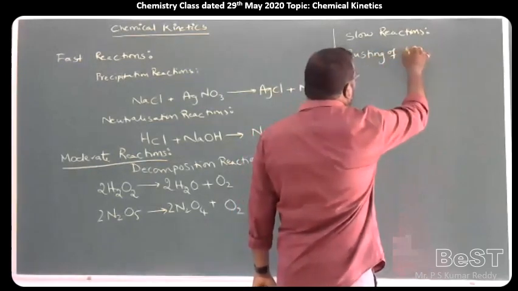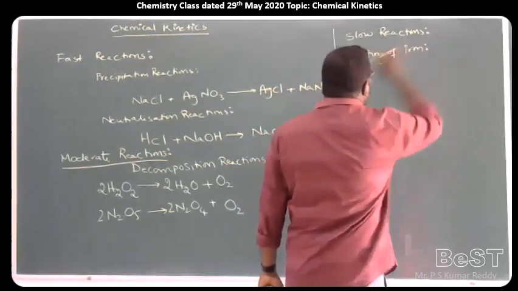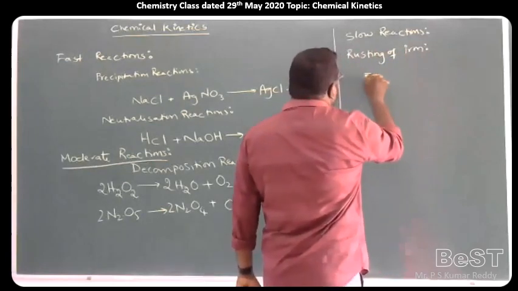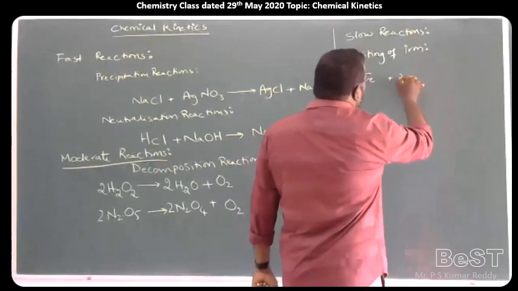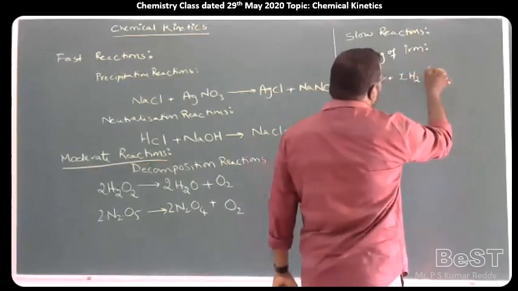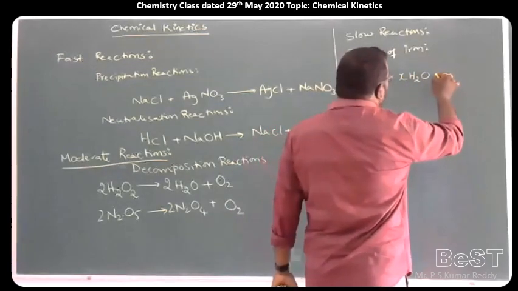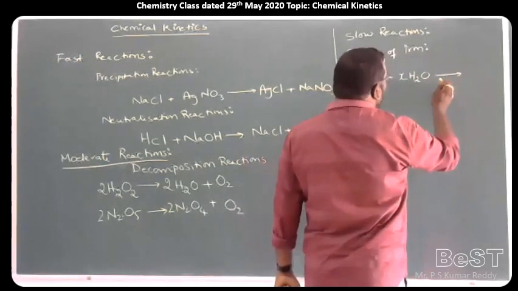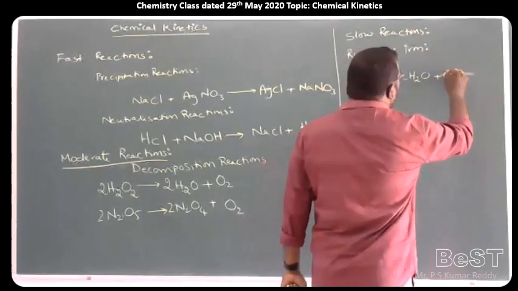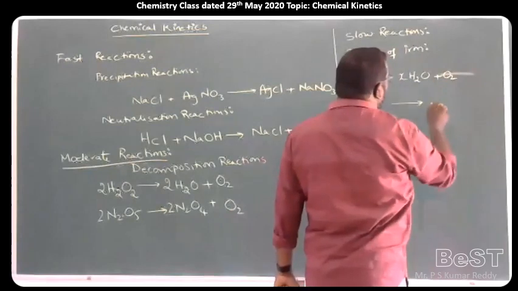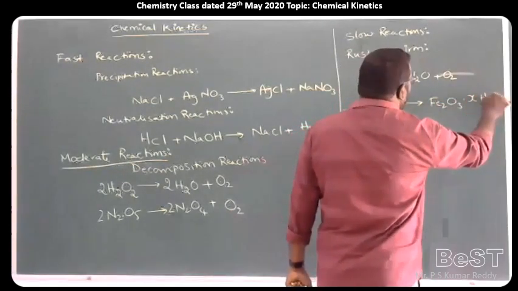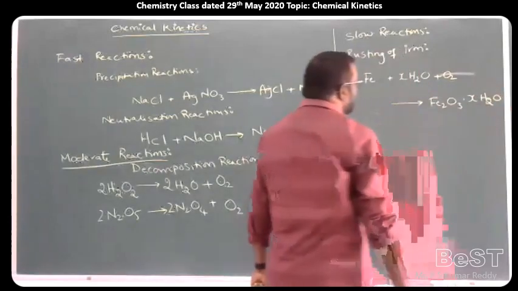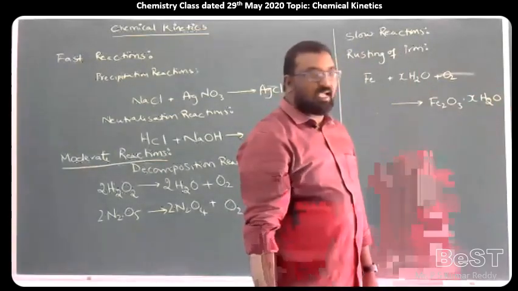When iron is subjected to rusting, it is producing ferric oxide, which is hydrated.